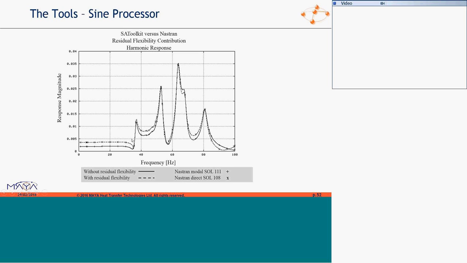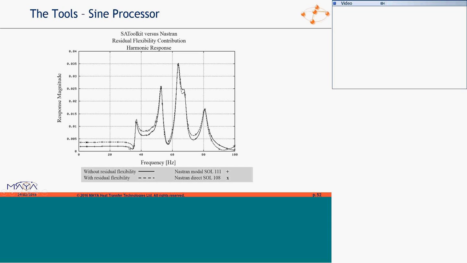And what this plot shows is the result of 4 analyses. 2 analyses each with solution 111, which is modal, and solution 108, which is direct. The direct solution doesn't work in the modal basis, so it's not subject to modal truncation, and that's really the exact response, with the X's here.